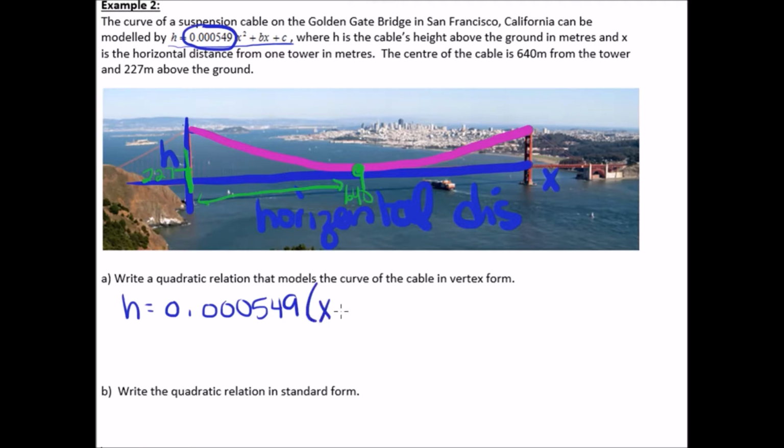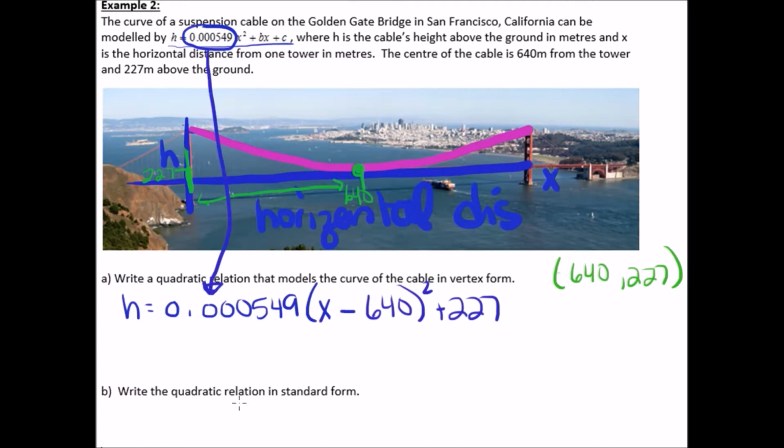So I would do h equals, and if we're thinking about the vertex, I'm thinking 640, 227. So minus 640 squared plus 227. Okay, because this A value is going to be the same as this A value here. So that's the equation for the height of the cable in vertex form.